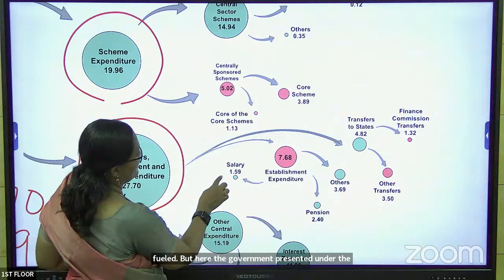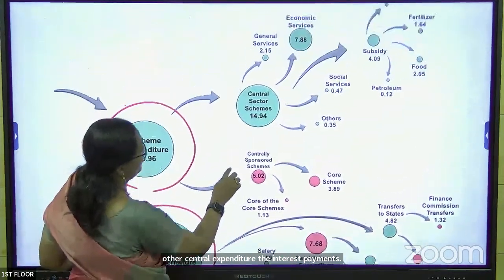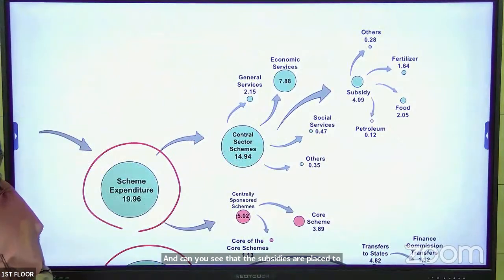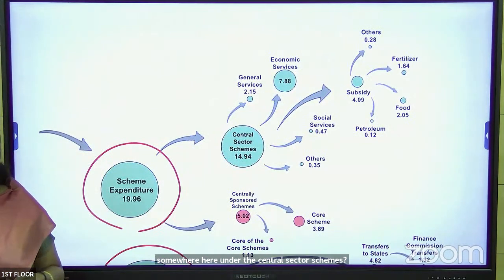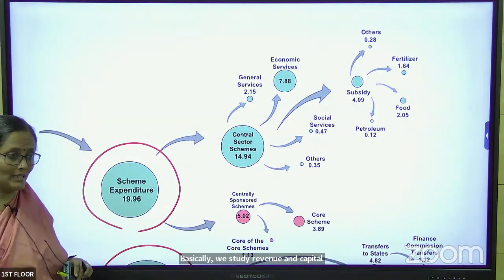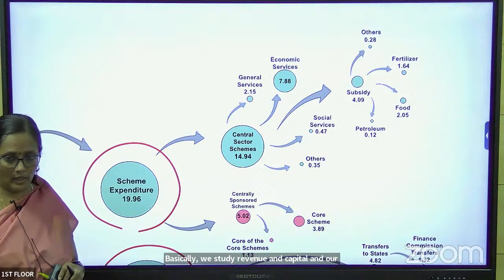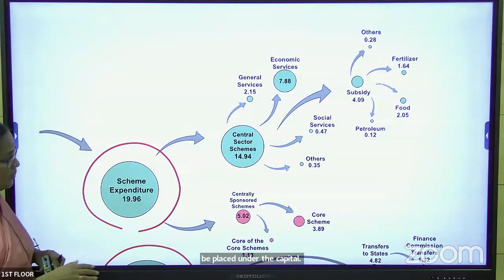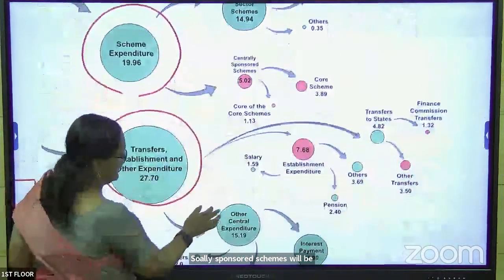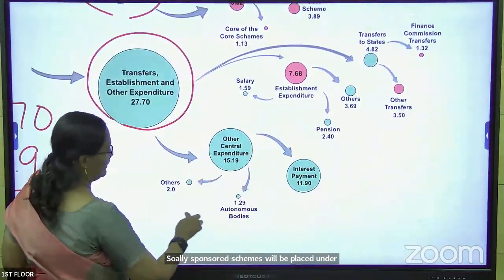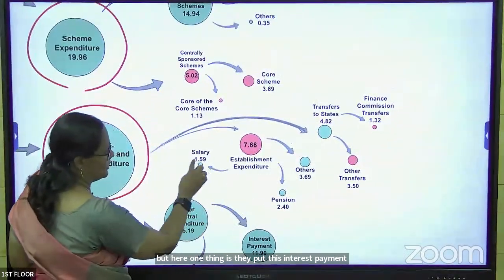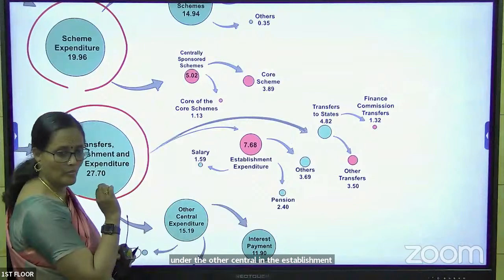And can you see that the subsidies are placed somewhere here under the central sector schemes? Basically, we study revenue and capital, and our assumption will be that all the central sector schemes will be placed under capital. Centrally sponsored schemes will be placed under capital. But here, one thing is they put this interest payment under the other central expenditure. In the establishment expenditure, they bring in the salary and pension.